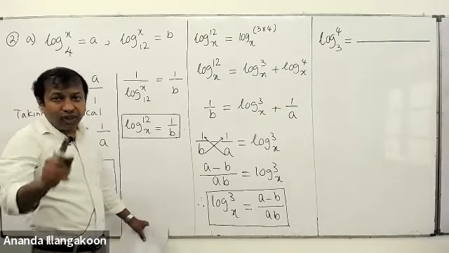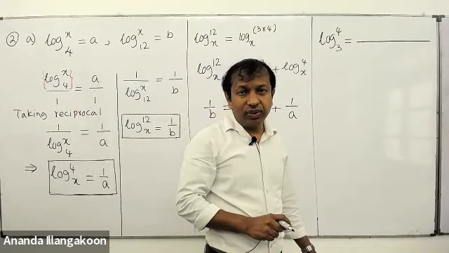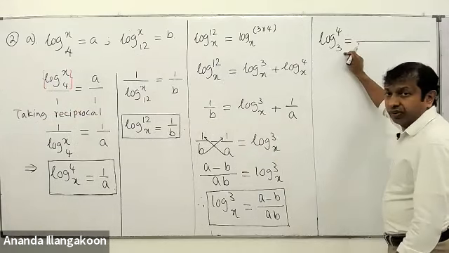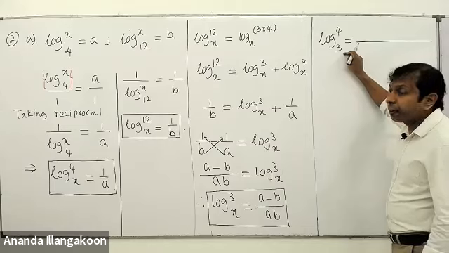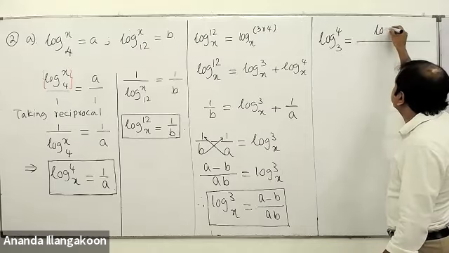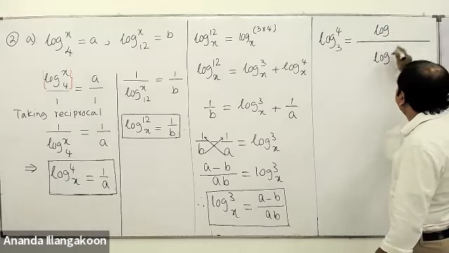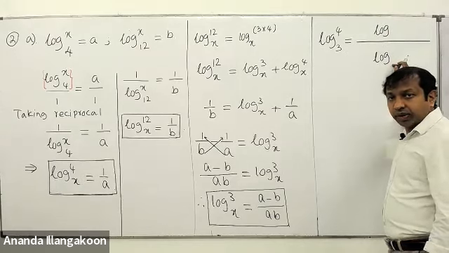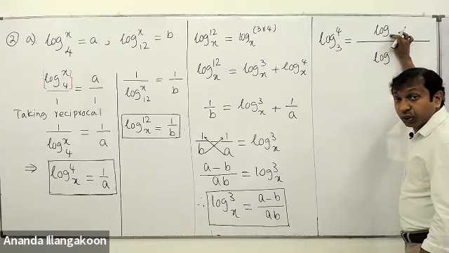Now I can use the change of base formula, because this logarithm of 4 to the base 3 I am going to write using the change of base formula. How to write that? We use this change of base formula, no? Log, you must write at the numerator and denominator both. And now you must write here the base of log we are supposed to use.